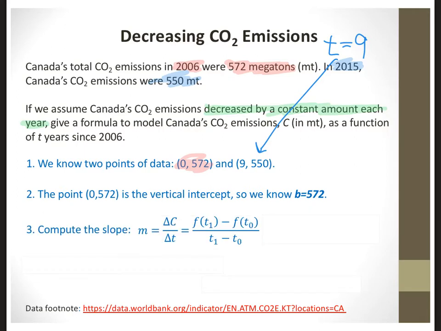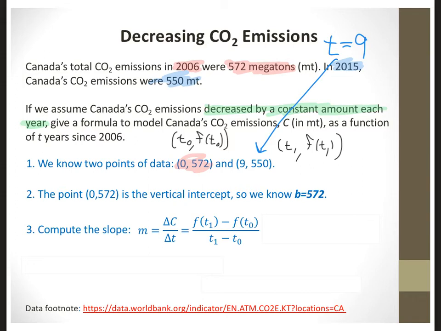And that slope, remember, is going to equal the change in the output divided by the change in the input. So for example, these 2 points that we have, we'll consider this one at 0, 572 to be our T sub 0 and f of T sub 0. And the second point we can consider T sub 1 and f of T sub 1. That's going to help tell us what to plug into the formula below.